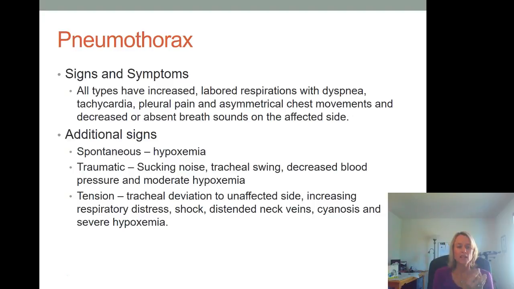Additional signs in spontaneous, we mainly just see hypoxemia. In traumatic, we can get that sucking noise, some tracheal swing to the opposite side, decreased blood pressure and moderate hypoxemia. With a tension pneumothorax, which is the worst, we get the tracheal deviation, increased respiratory distress, shock, distended neck veins, cyanosis, and severe hypoxemia.